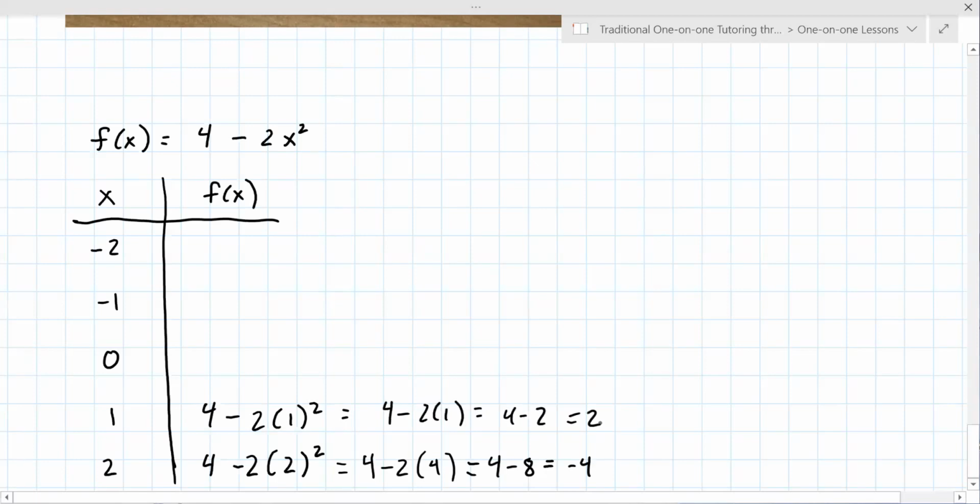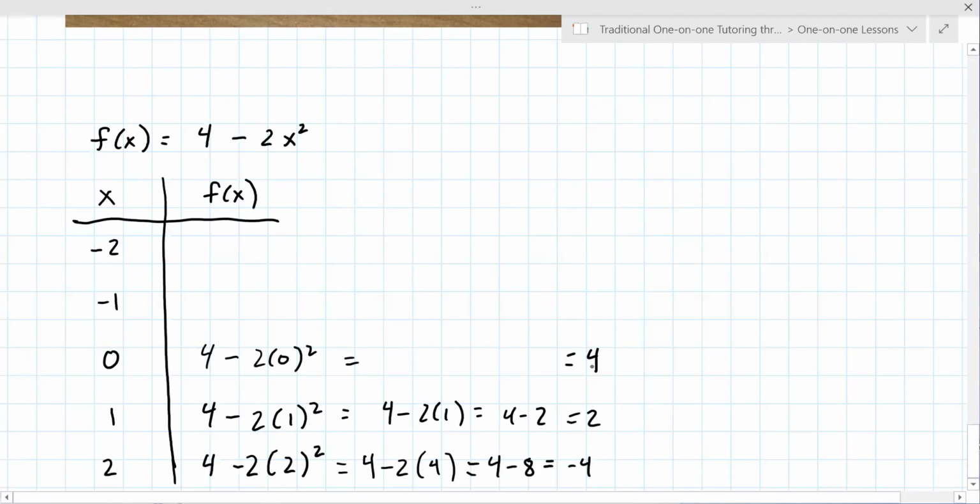Good. Okay, so see if you can do it again for 0. All right. 4 minus 2 parentheses 0 squared equals 4 minus 2 parentheses 0 equals 4 minus 0 equals 4.